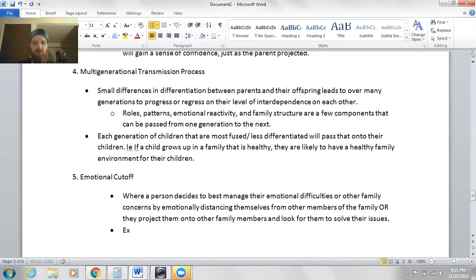So there's two different degrees. An example of an emotional cutoff is a person moves away from home or keeps physical contact but avoids emotional topics.